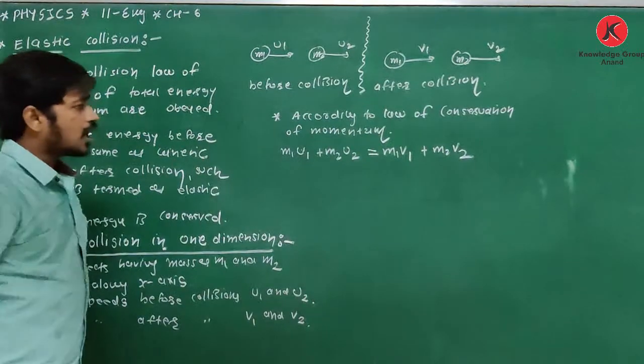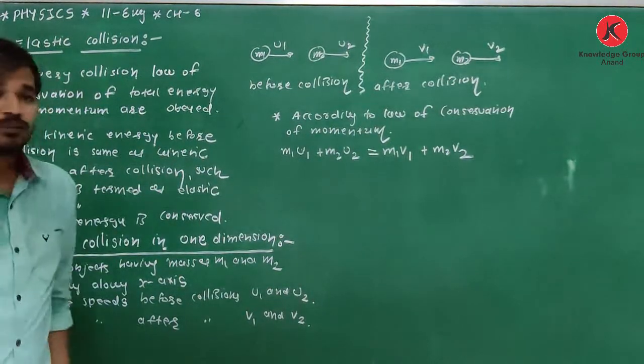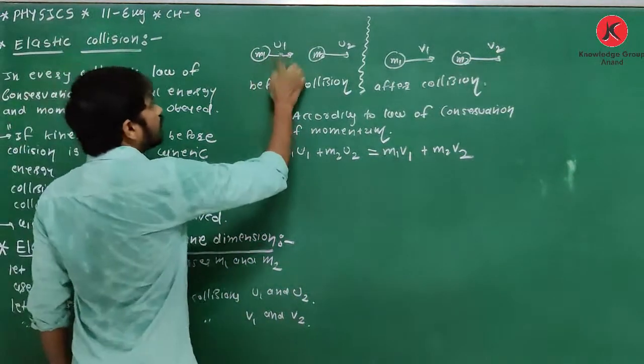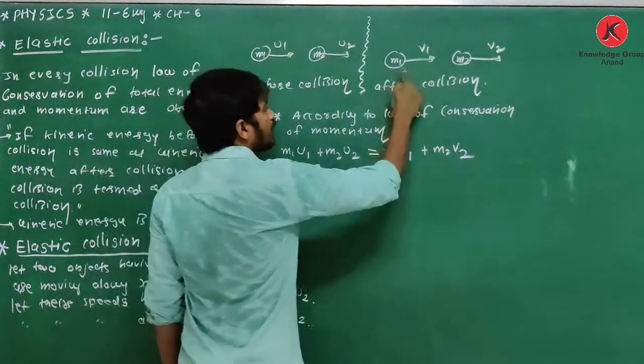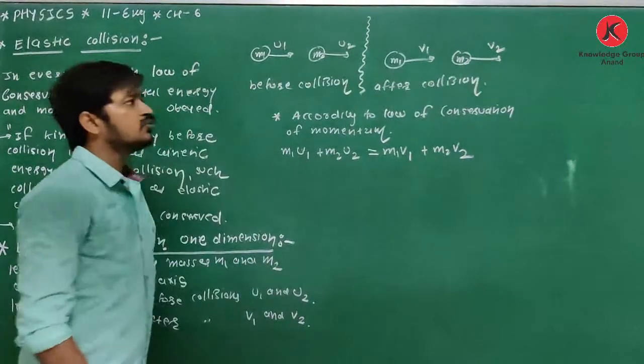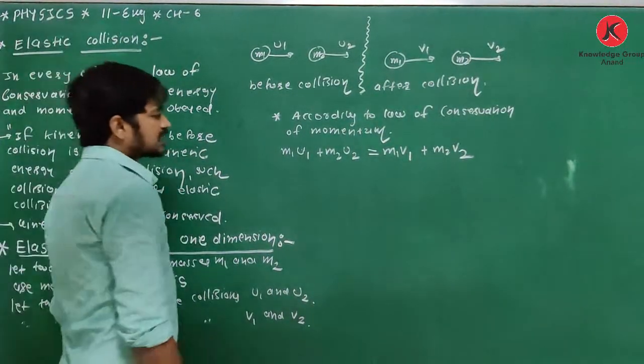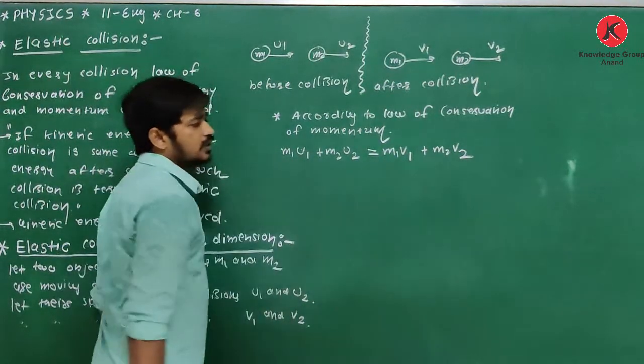According to law of conservation of momentum, m1 u1 plus m2 u2 is equal to m1 v1 plus m2 v2, because they are moving in one direction.